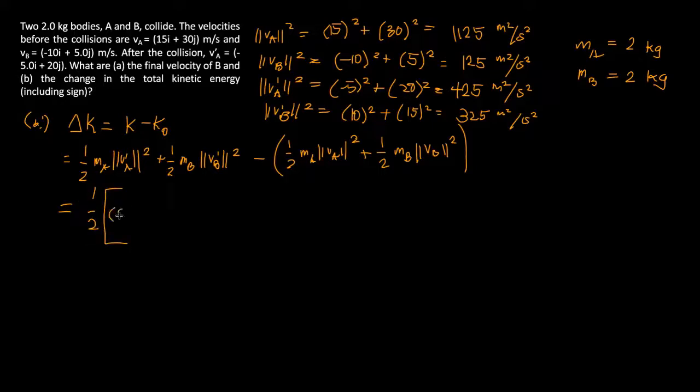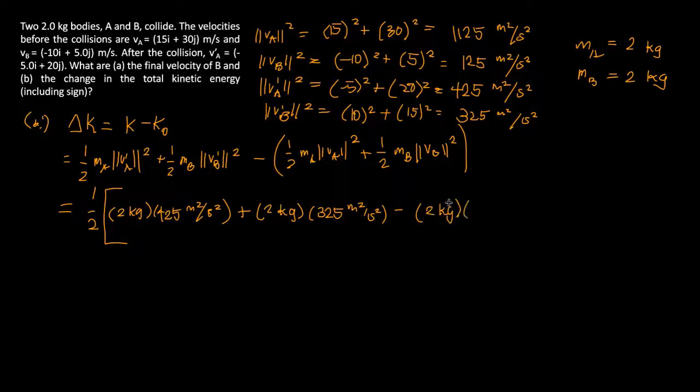So m sub a, that is 2 kilograms, then v prime sub a, that is 425 square meters per square seconds plus m sub b, that's 2 kilograms times v sub b prime, that's 325 square meters per square seconds minus m sub a, that's 2 kilograms, that's yung v sub a squared, that is 1125 square meters per square seconds minus, since dinistribute lang yan, 2 kilograms times 125 square meters per square seconds.